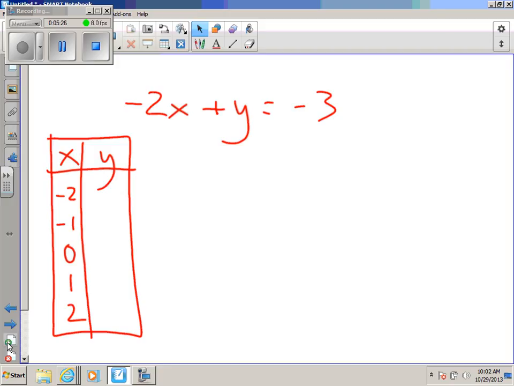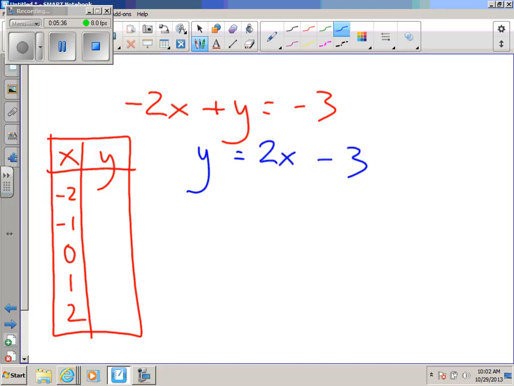Let's add it. So I'll have my y. If I add 2x, that's now a positive 2x minus a 3. Are we set there? Are we good to go now? Okay. Any questions how we got from here to there?